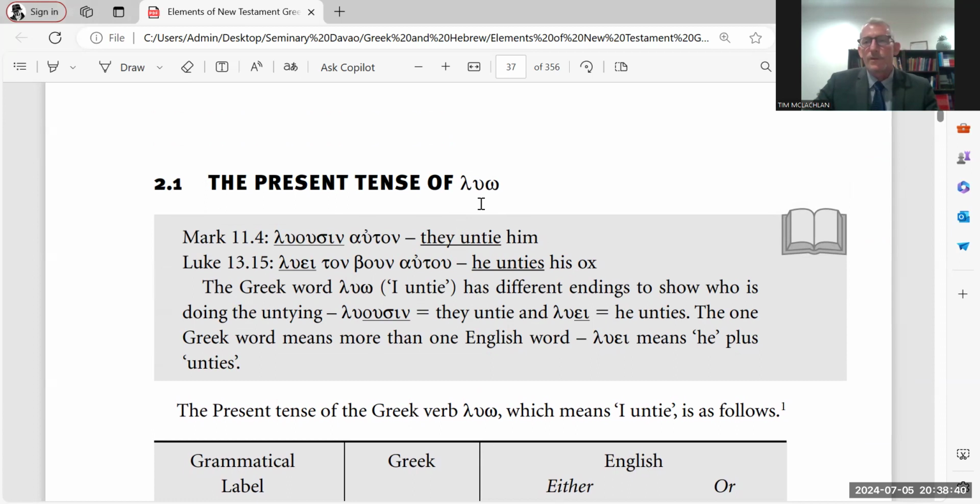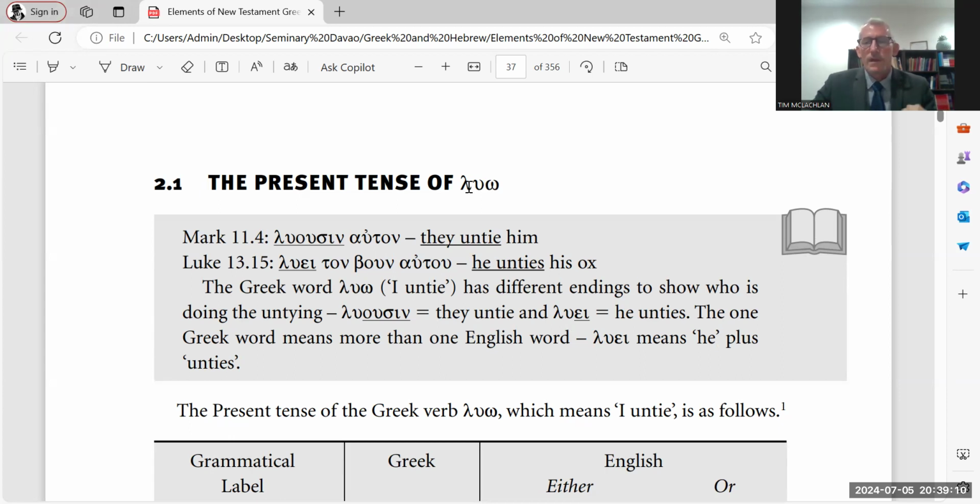Hopefully you'll be familiar with the terms as we go through, but there's certain aspects I need to repeat and explain again. In chapter 2 it starts off, they give us the example of the verb luo. And remember, luo is the stem, lambda upsilon, and then the pronoun will go on the end of that. In this case it's omega, and you should be familiar now, if you see omega on the end of the verb, that's in the first person.